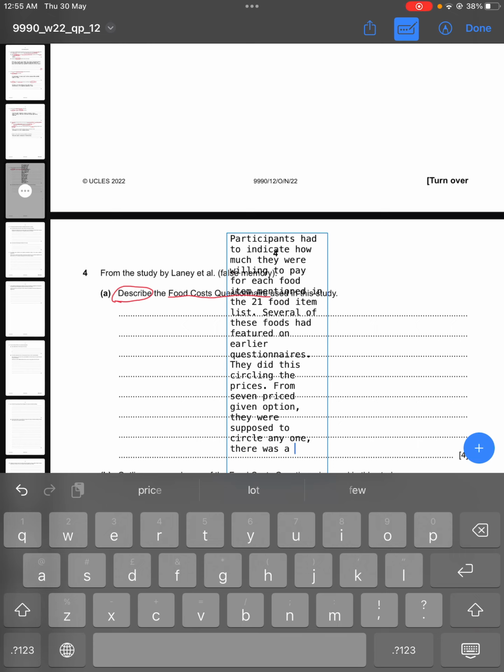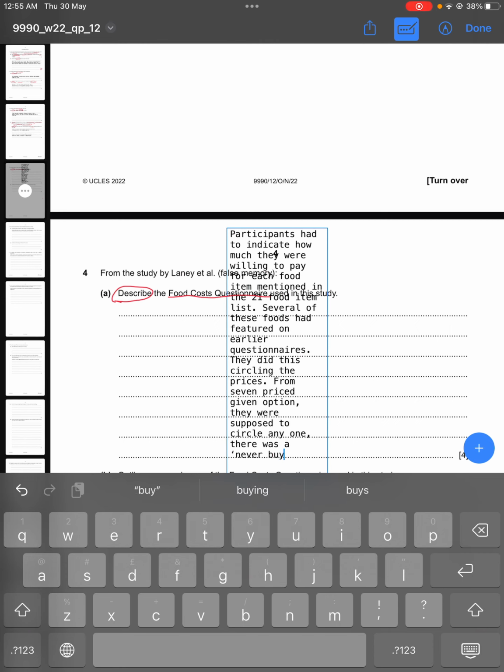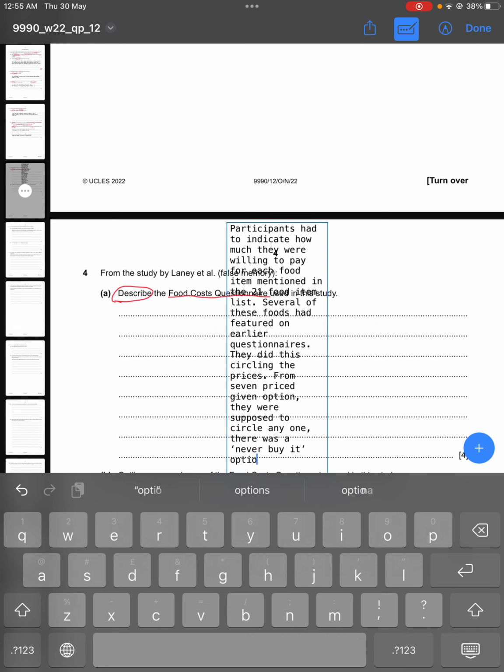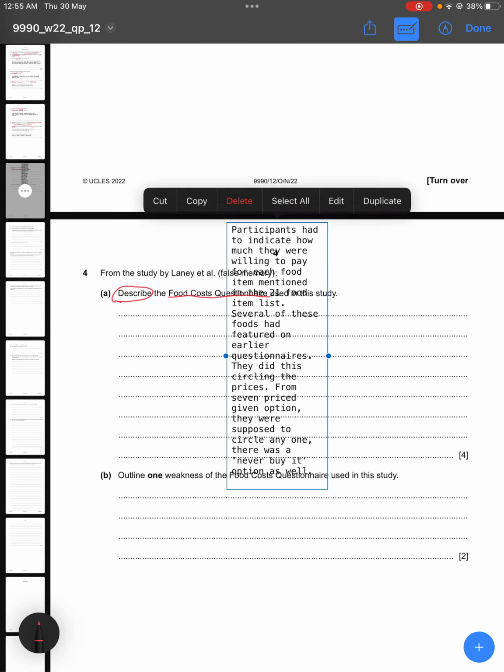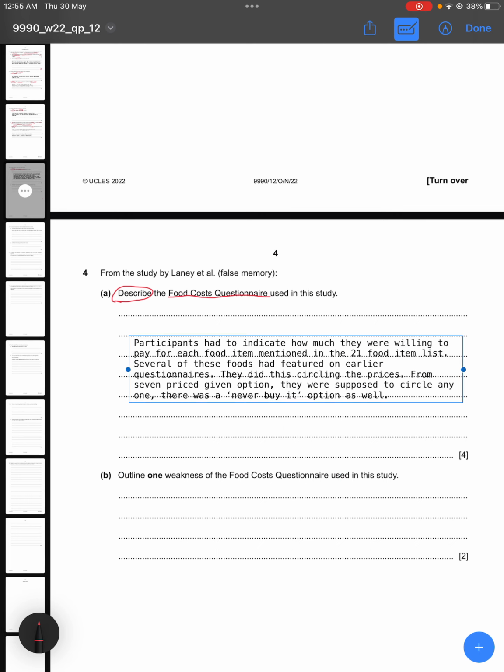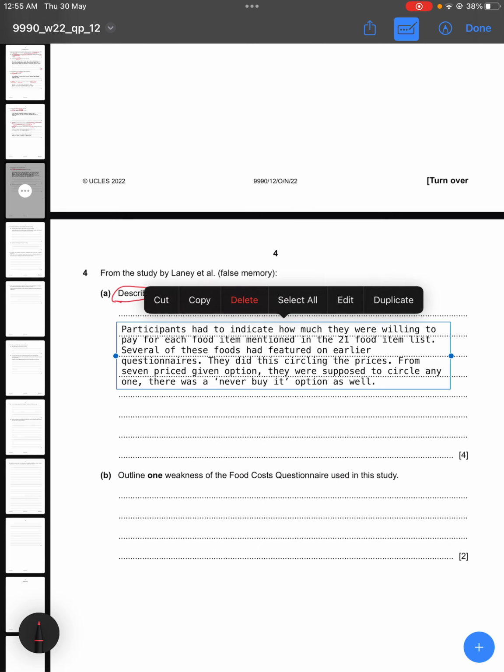There was a never buy it option as well. So they could say that they wouldn't buy this food item or any particular food item for any given price. They were allowed to do that.